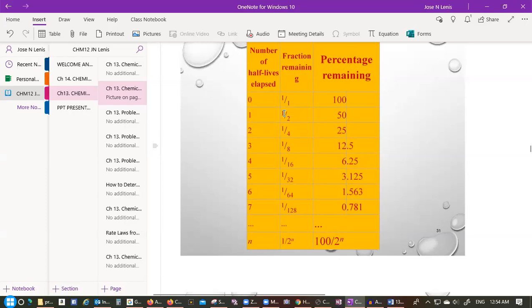After another half-life, look, the amount reduced by another half. Another half-life, another half. And so on and so forth. 1/2 of 1/2 is 1/4. Now 1/2 of 1/4 is 1/8. 1/2 of 1/8 is 1/16, and so on and so forth. And the difference is the fraction remaining.